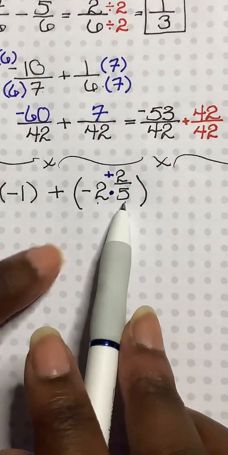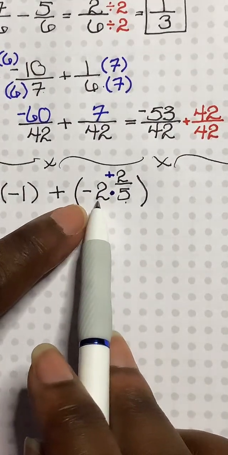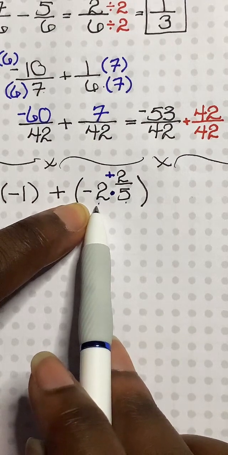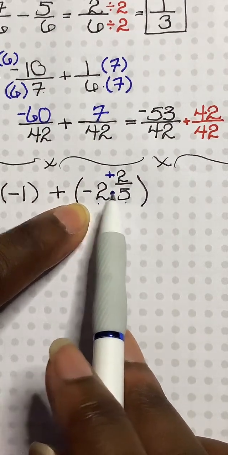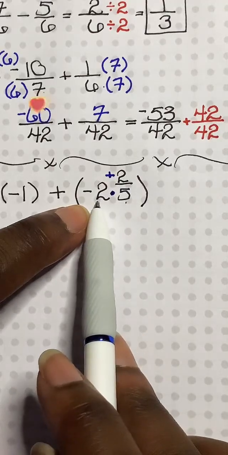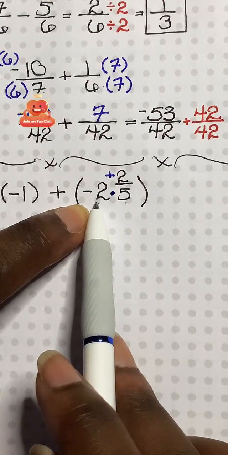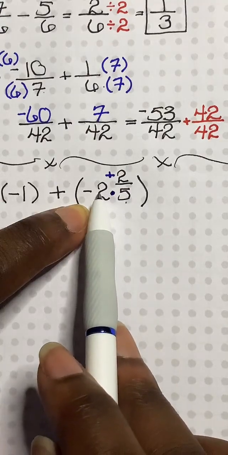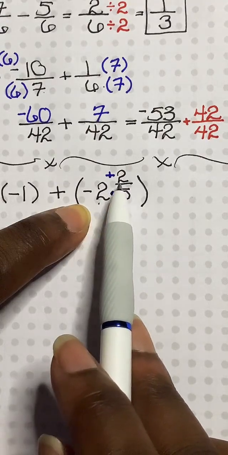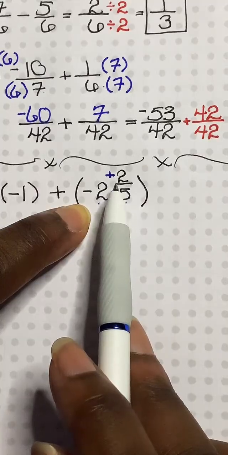So for us to change this, it's going to be 5 times -2. That gives me a -10. All right? So 5 times -2 gives me -10. I think we just leave the negative to the side. So 5 times 2 gives me 10, plus 2 will give me 12.